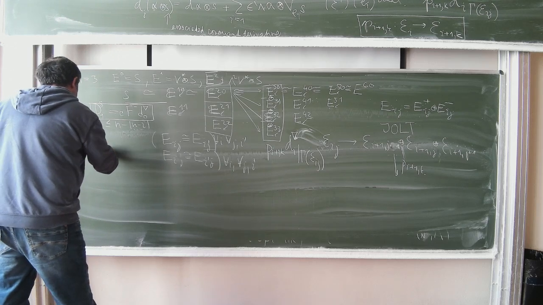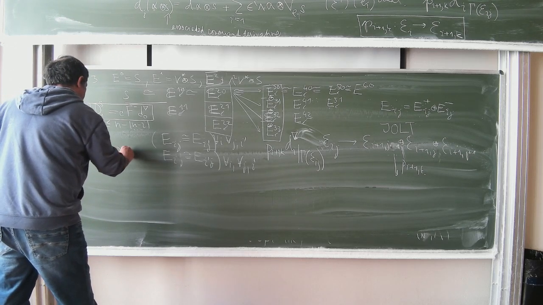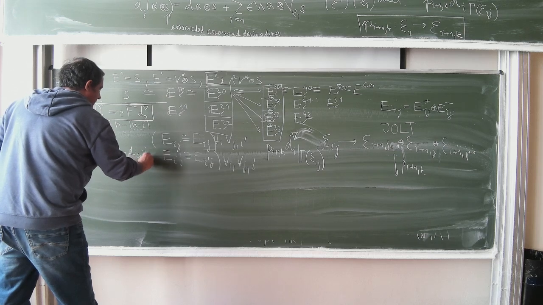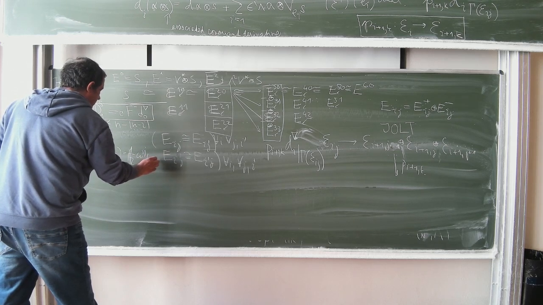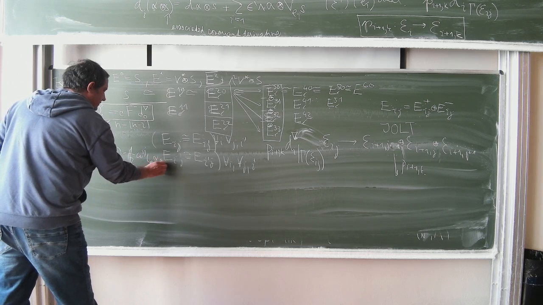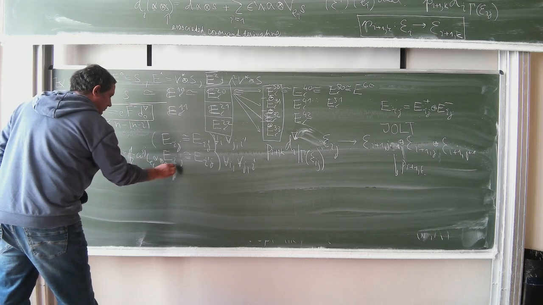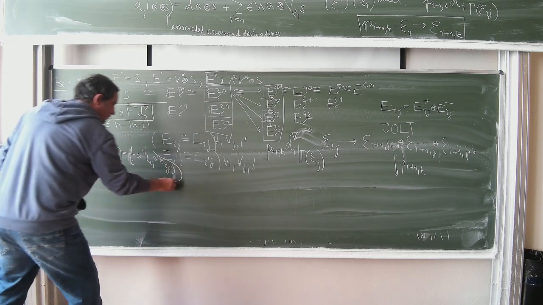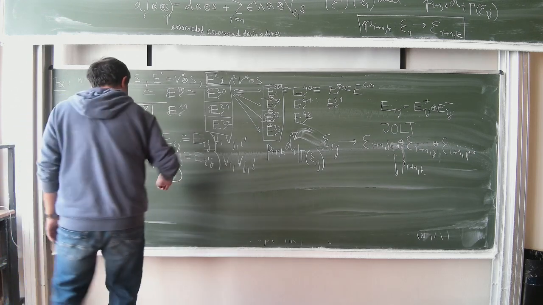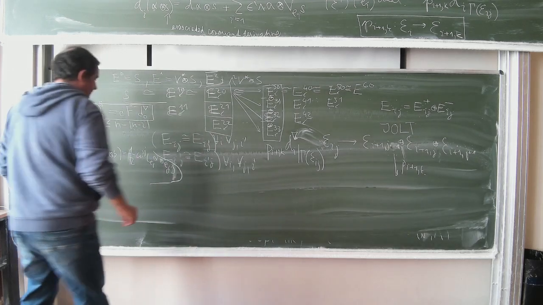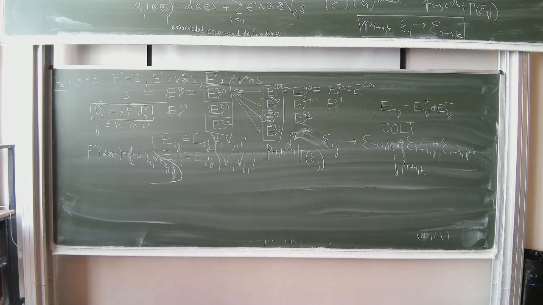F minus alpha times S is, up to the multiple 1 over 2, omega ij e_i alpha times e_j S. So this is how this operator can be seen in this picture.